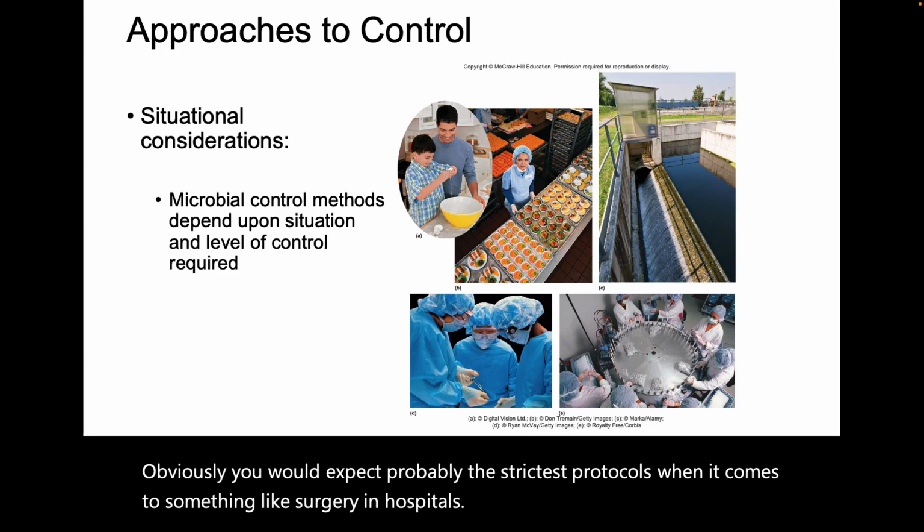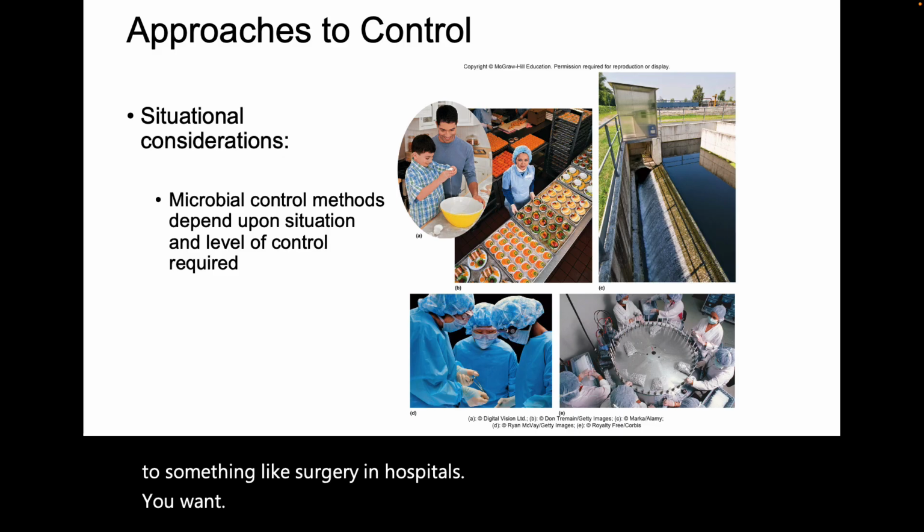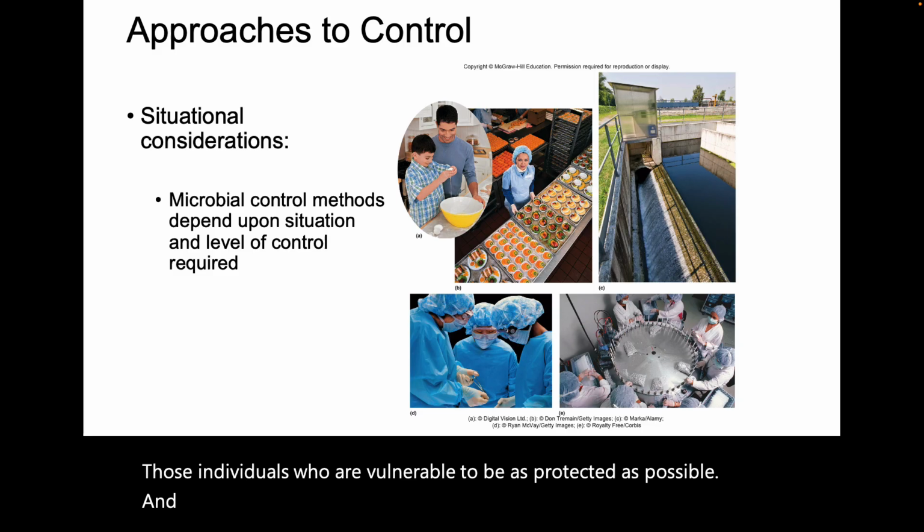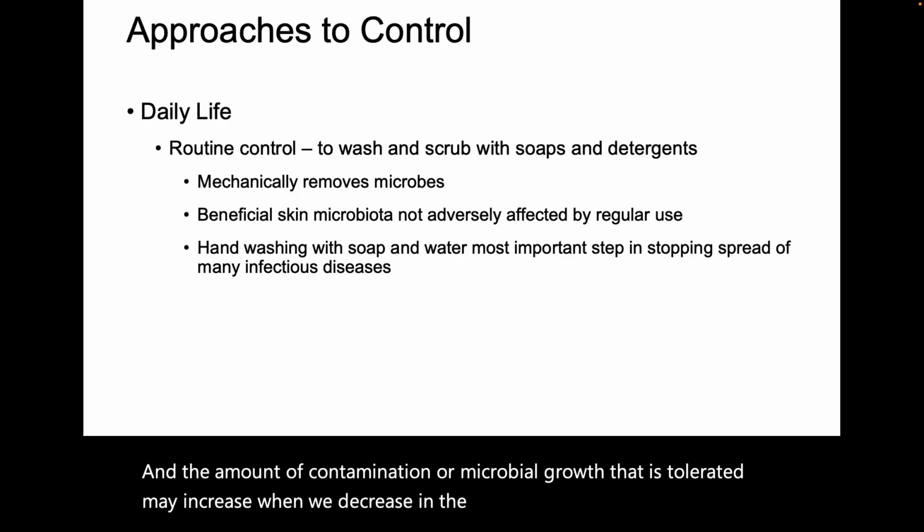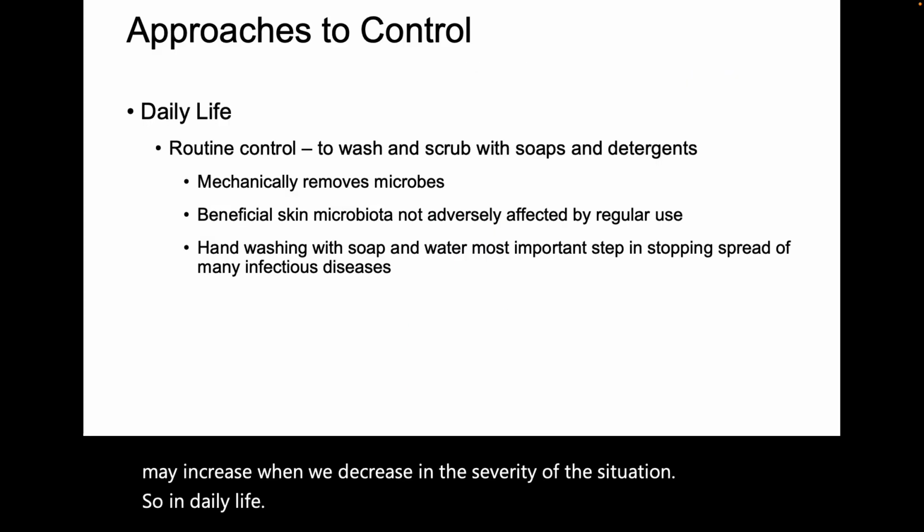You want those individuals who are vulnerable to be as protected as possible. And the amount of contamination or microbial growth that is tolerated may increase when we decrease in the severity of the situation.